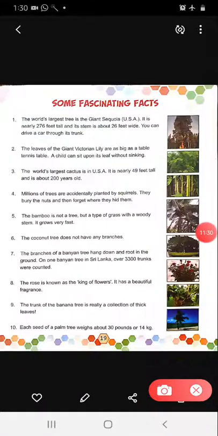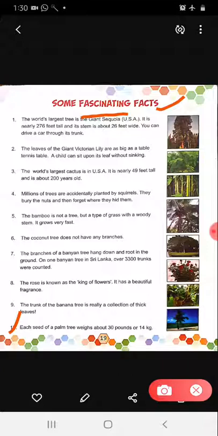Okay, now this is the next topic of this chapter. Some fascinating facts about the plants, about the flowers, about the trees. So here are 10 important or different facts about trees.